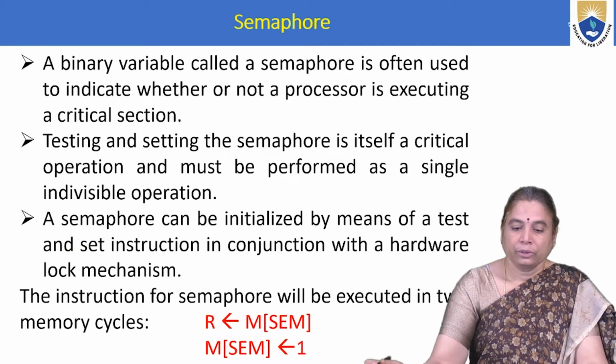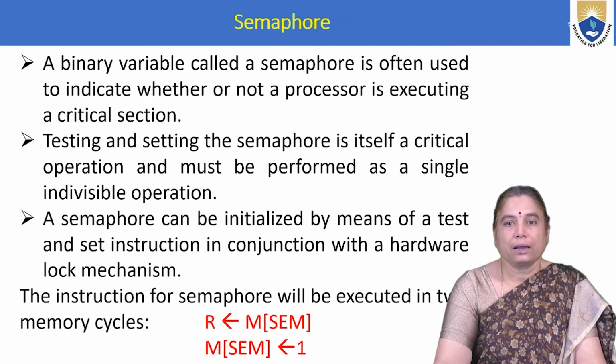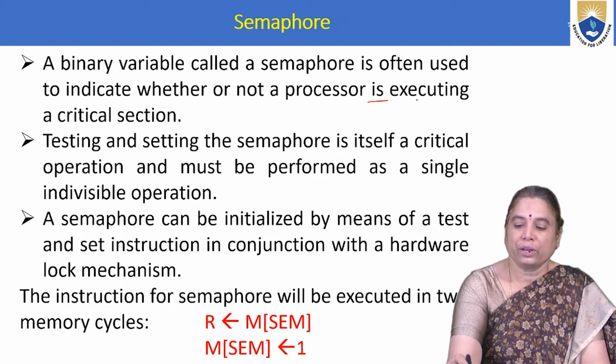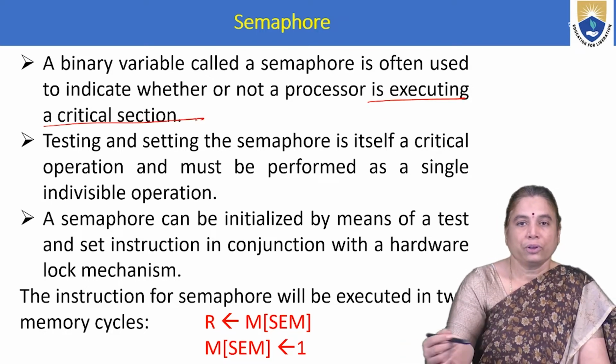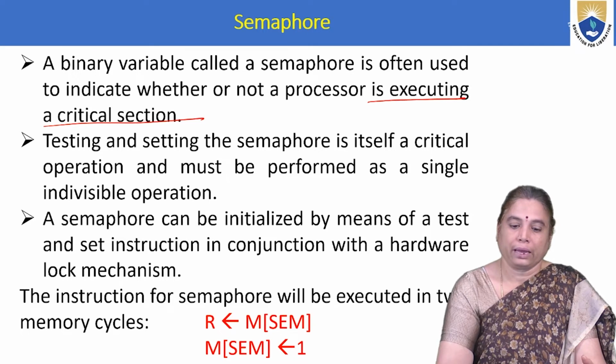So the semaphore is a binary variable and it is used to indicate whether or not the processor is executing in the critical section. So here in our example, the binary semaphore can contain two states, whether occupied or vacant.